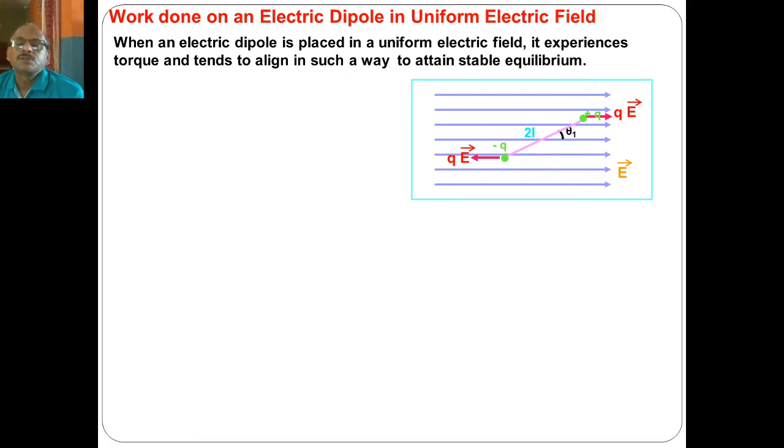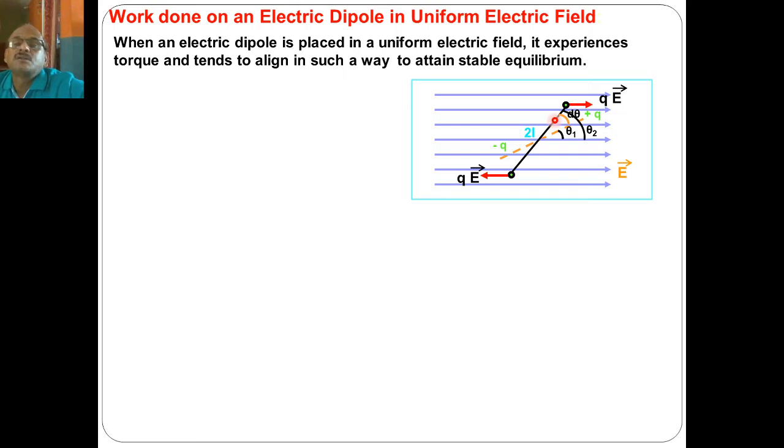Now the external force displaces this dipole by a small angle d theta, meaning the total angle from the reference line is theta 2. If we take the dipole initially at angle 0 degree and it displaces from theta 1 to theta 2.